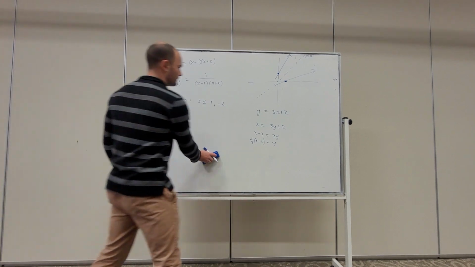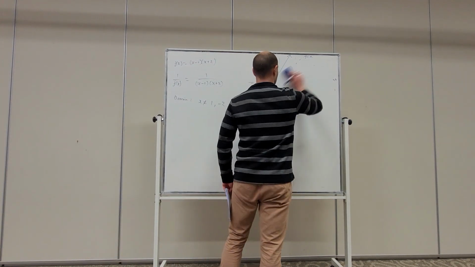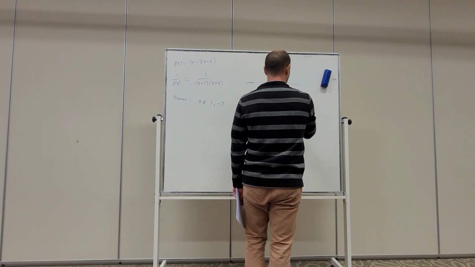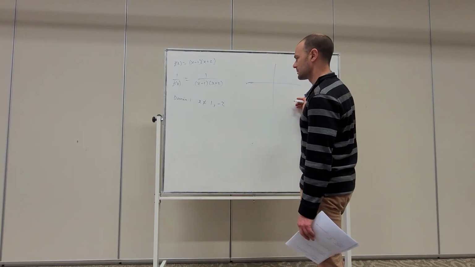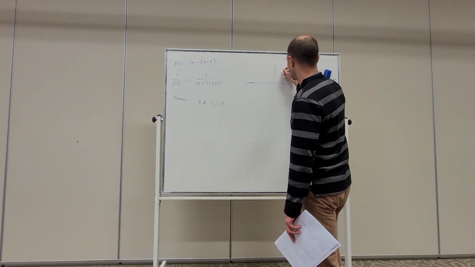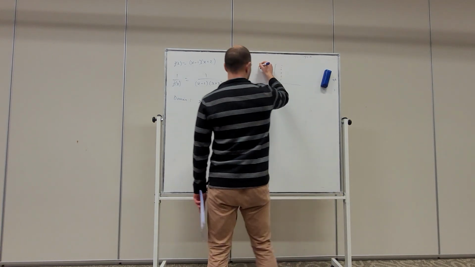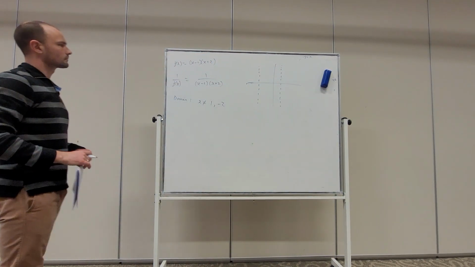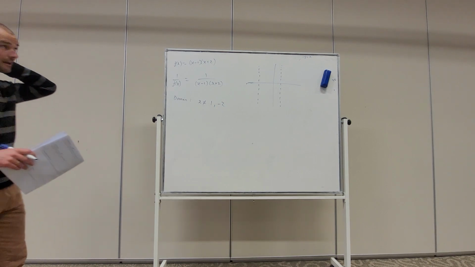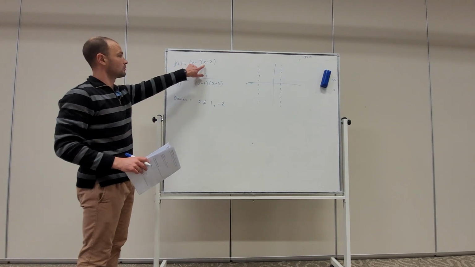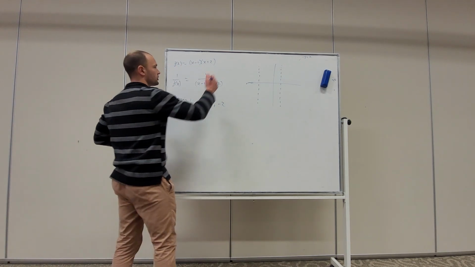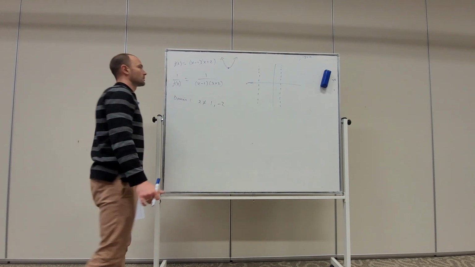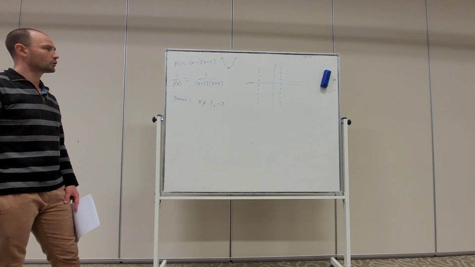Now the graph of the function will look something like this. So we have asymptotes at positive 1 and minus 2. Alright, and originally it's a quadratic that was opening upwards, it has a local minimum.